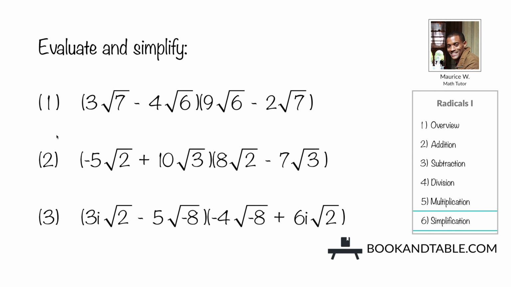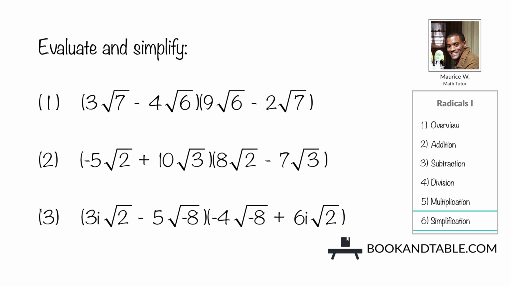Evaluate and simplify. Question number 1. 3 radical 7 minus 4 radical 6 times 9 radical 6 minus 2 radical 7. Question number 2. Negative 5 radical 2 plus 10 radical 3 times 8 radical 2 minus 7 radical 3.